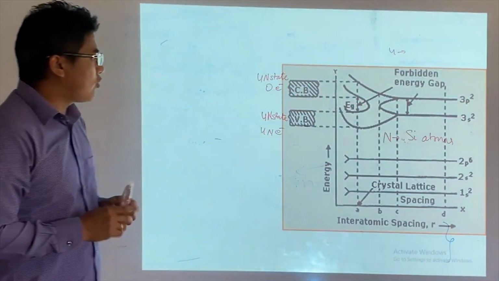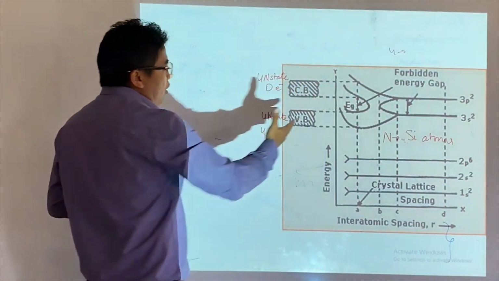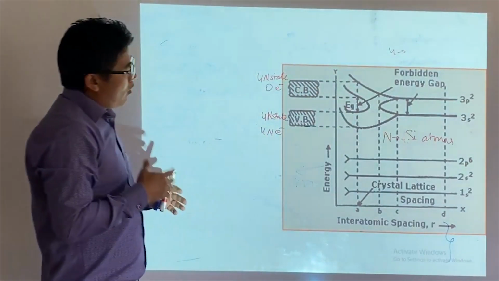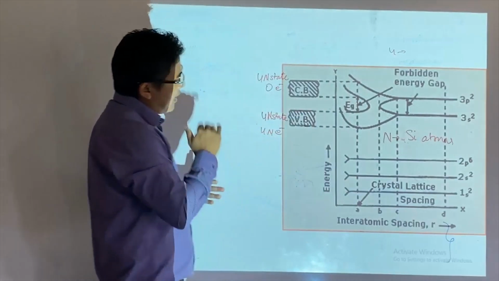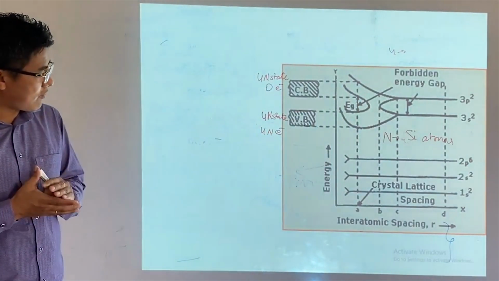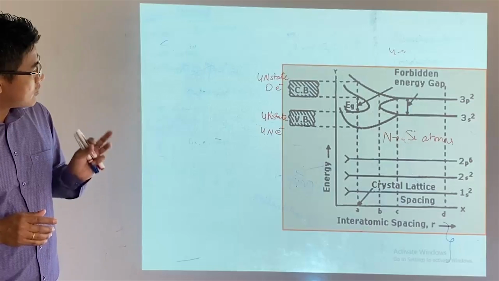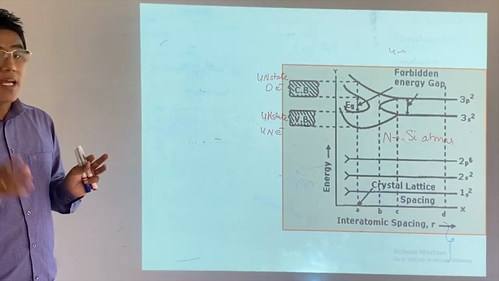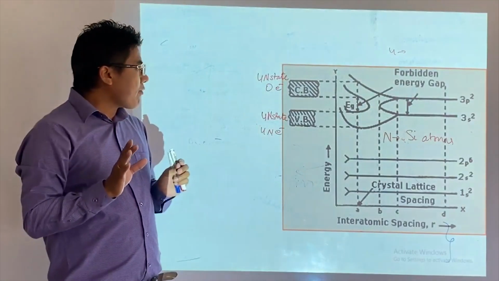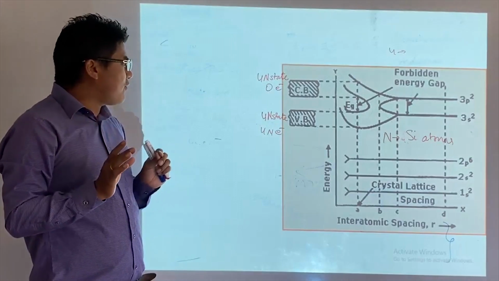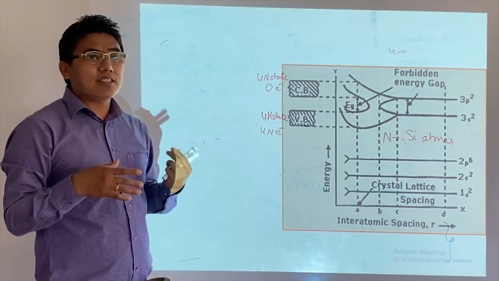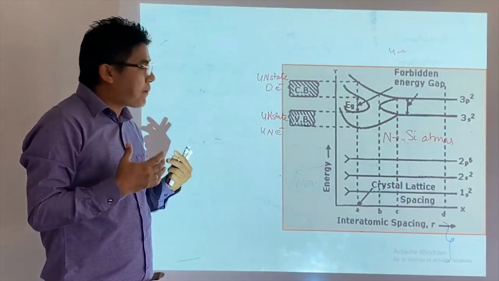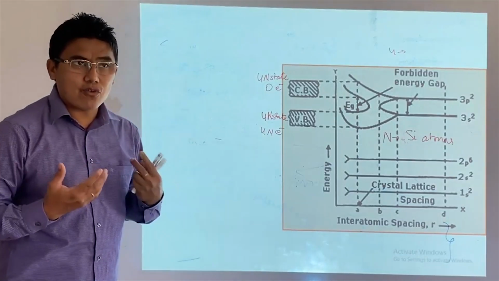No electron can occupy or stay in this energy gap. So this is what we have: the conduction band and the valence band. Again, I am repeating: if electrons are not available in the conduction band, then that particular material doesn't allow current to flow.